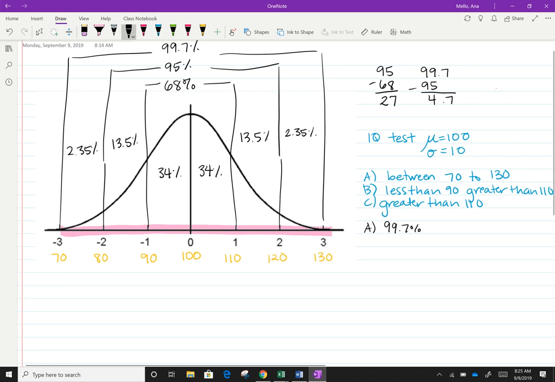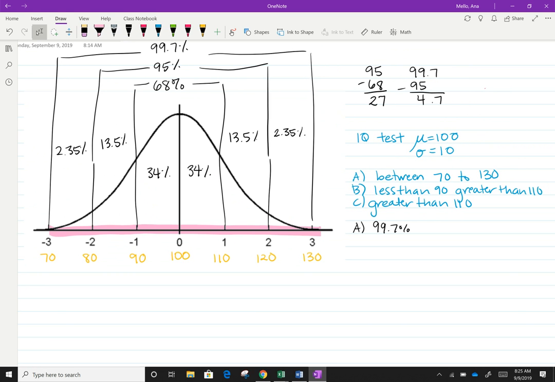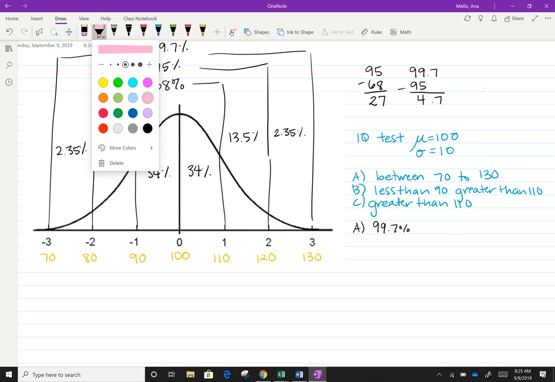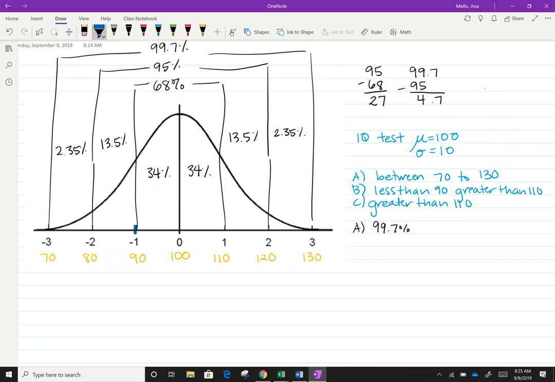For question B, I want to know less than 90 and greater than 110. I'm going to pick a different color here. Less than 90, I find 90 where I've labeled. That's to the left. And greater than 110. That's to the right. Now, one thing I didn't add is if I have 99.7% of the population contained in those 3 intervals, what's the leftover?